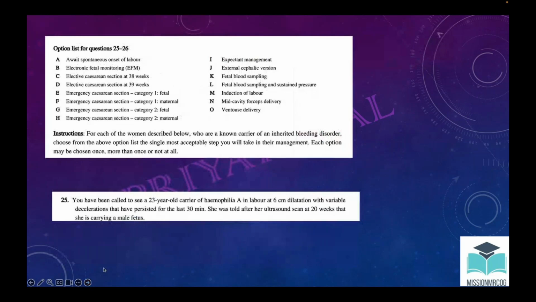Okay, so you have to see 23-year-old carrier of hemophilia A, 6 centimeter dilatation and plateau that has persisted for 30 minutes. Now, she was told in USG that she is carrying a male baby.